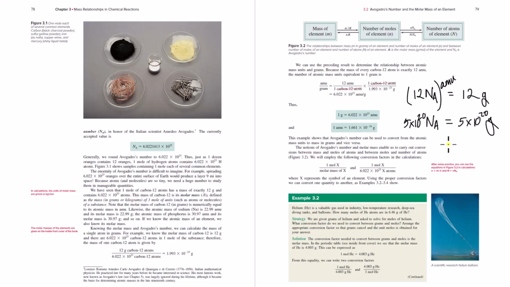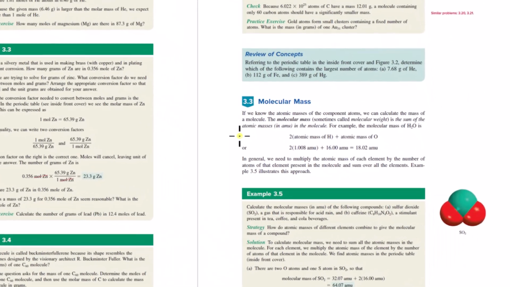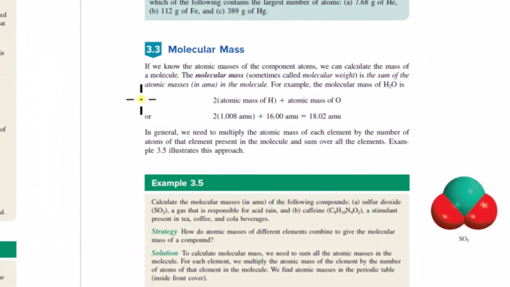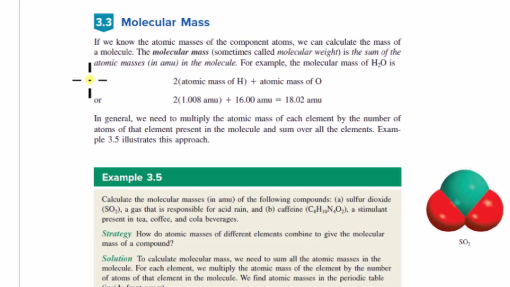Okay, so now with that in mind, up to this point, we've really only focused on atomic masses, the masses of single atoms at a time. So now let's branch off from atoms and think about the other atomic-sized fundamental particles that we talked about in chapter 2.